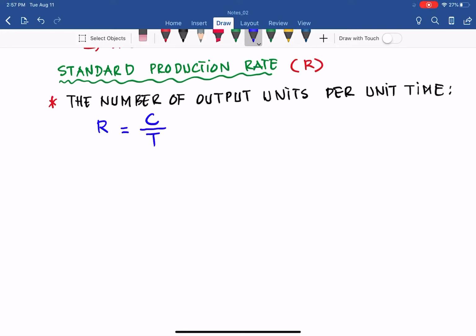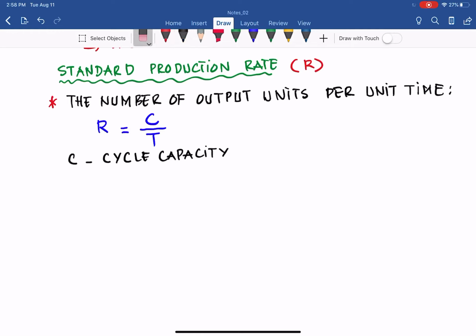So what does C stand for? C is cycle capacity. Basically that is the number of output units per cycle of the operation under the standard work condition.